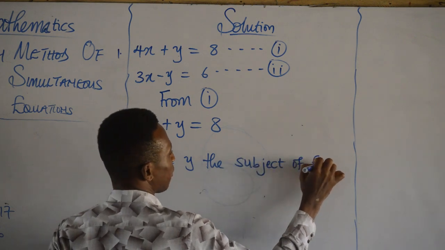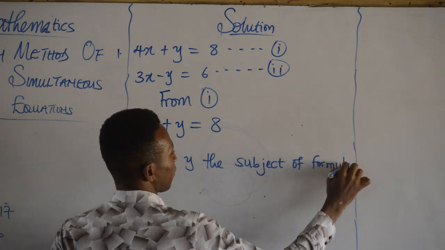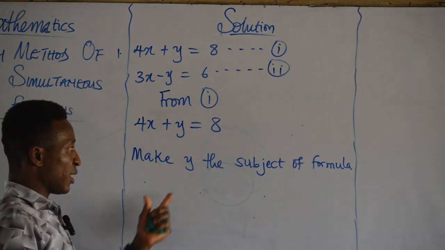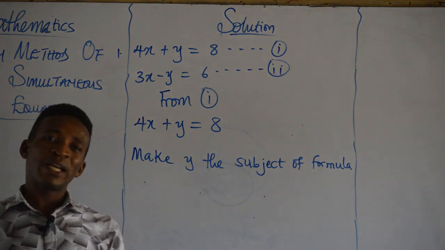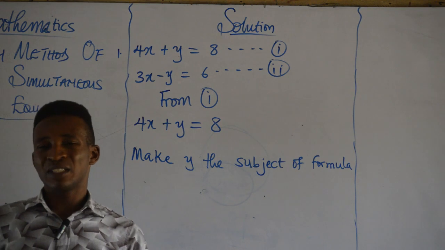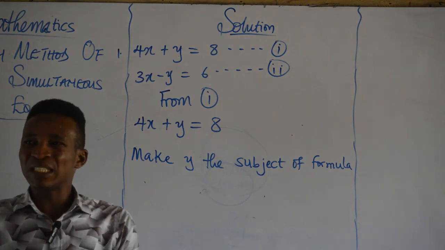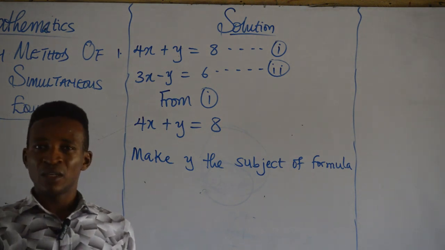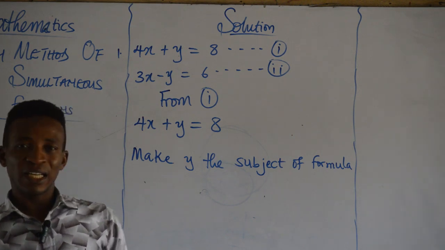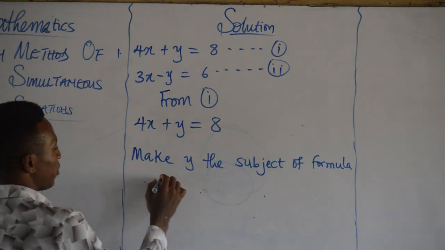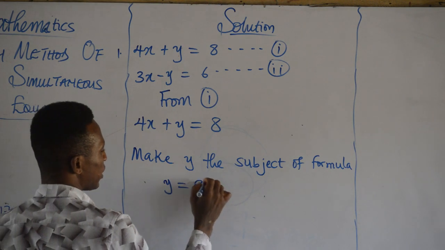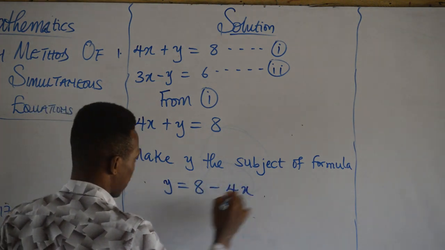What this statement means is that you want y to stand alone on the LHS, while everything else goes to the RHS. So in that case, we have y equals 8 minus 4x.